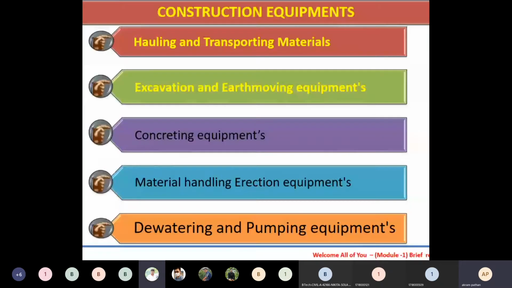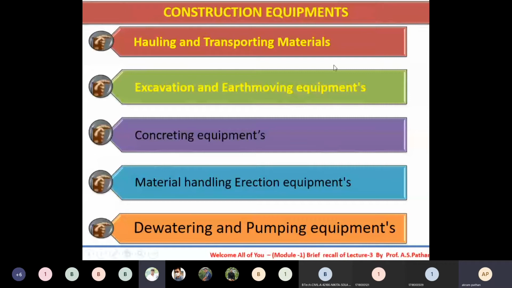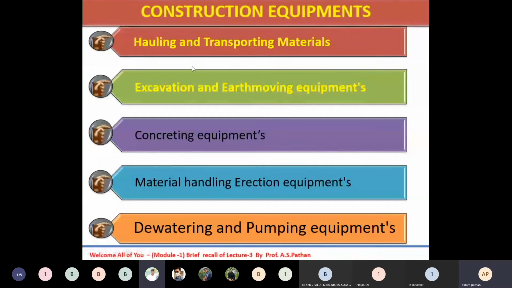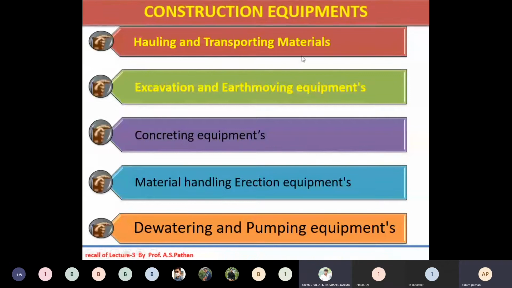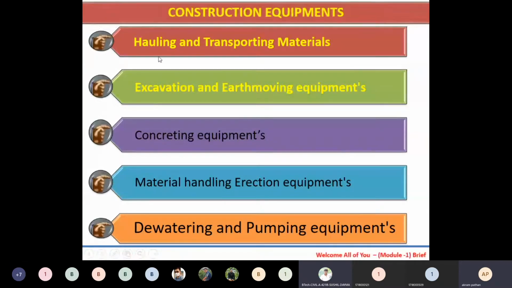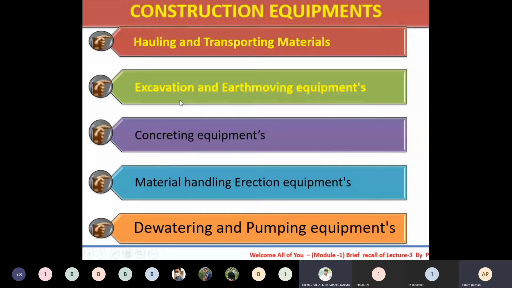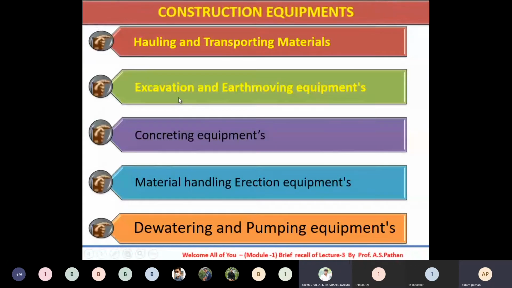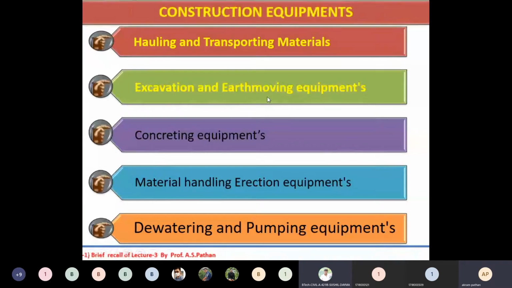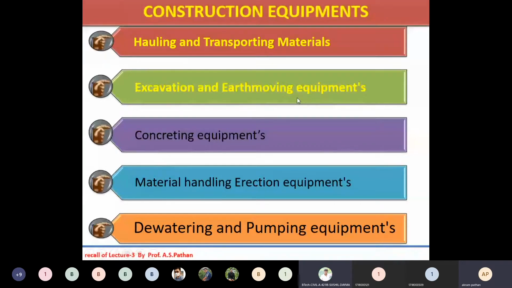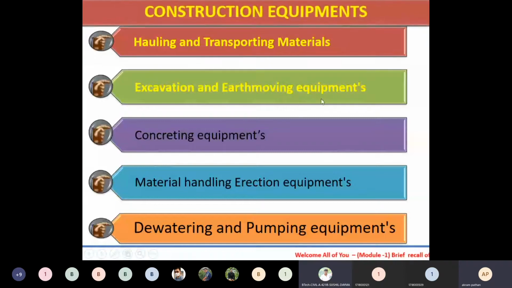Now, in the last lecture, we were seeing the various construction equipment. We have hauling and transportation material, for which we require modern equipment. Then we also require equipment for excavation, transportation and lifting of earthwork from the mine or any site up to your construction site.